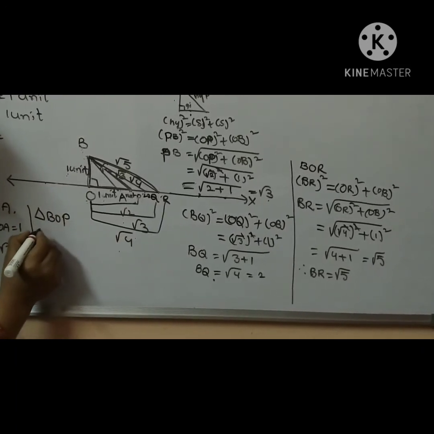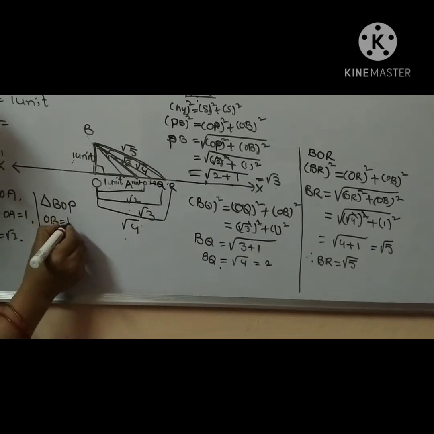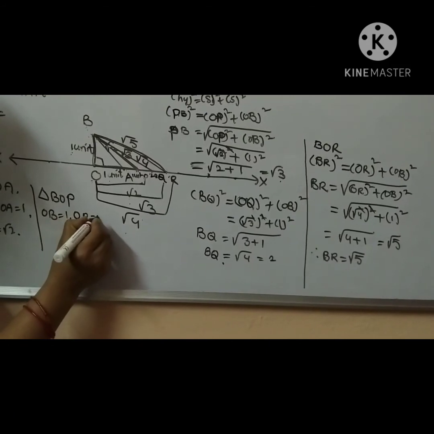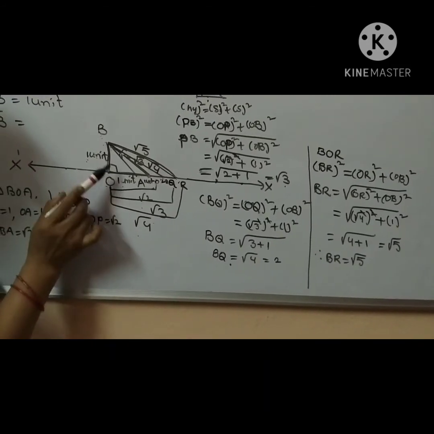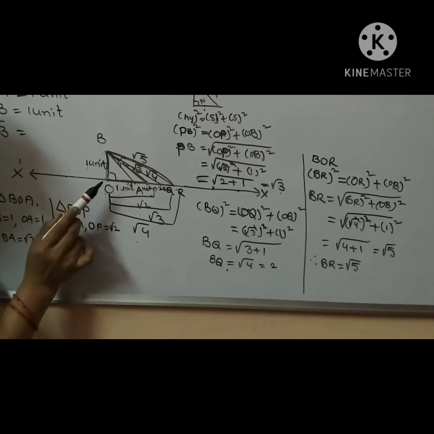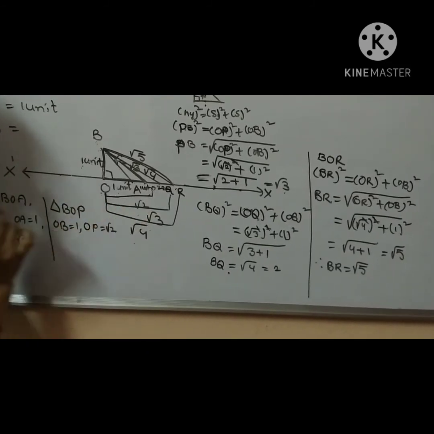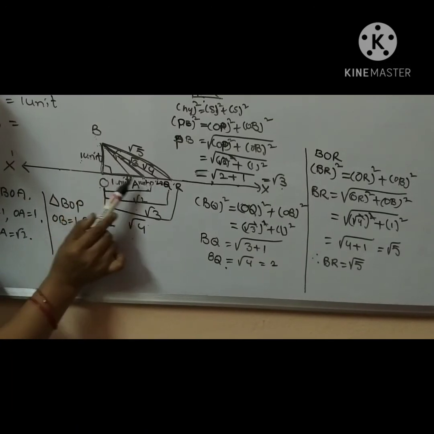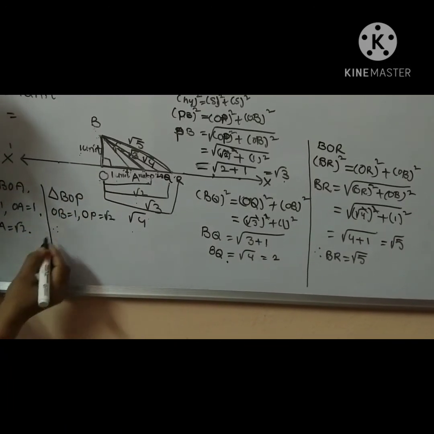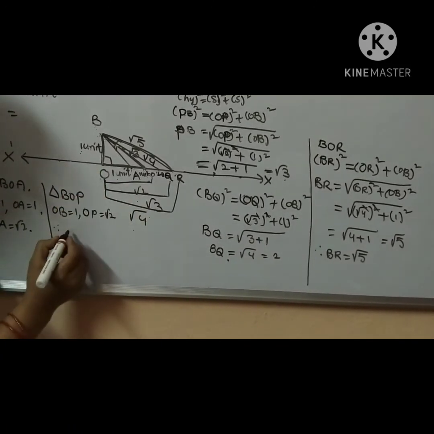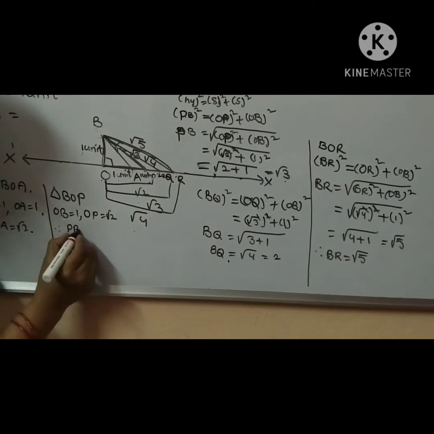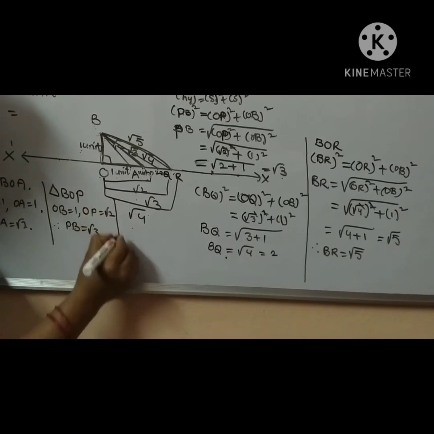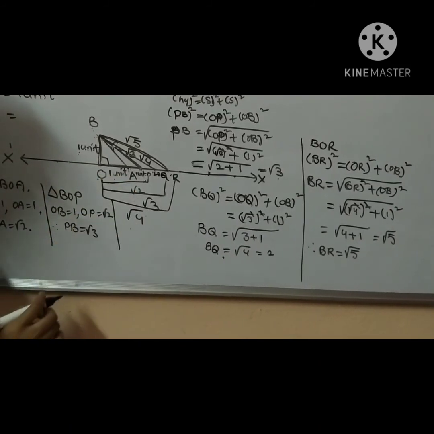Here also OB equal to 1 unit and OP equal to root 2, because the distance of AB is equal to OP. So therefore you find the distance of PB. PB equal to how much will you get? Root 3. Okay, it is 2 cases completed.